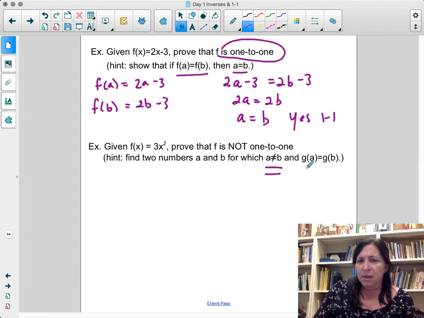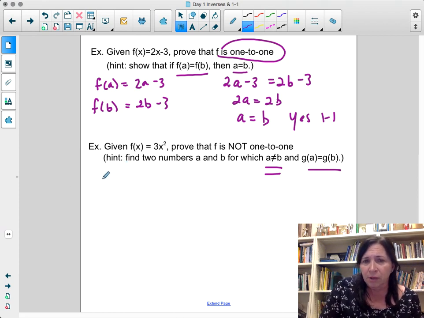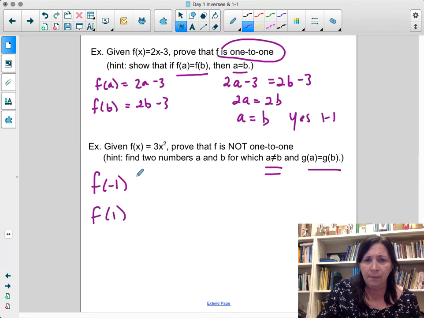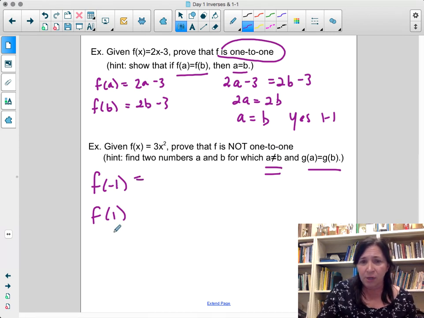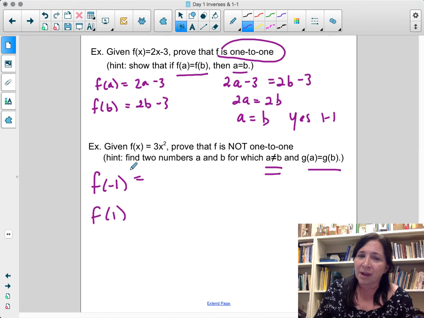So for me to prove that something is not one-to-one, remember, finding two numbers, a cannot equal b, therefore g of a equals g of b. If I prove that they're not one-to-one, then they would be the same value. So what we would do is we would plug in, let's say, a number such as -1 and 1. See, A does not equal B. They're not the same. I have a -1 and a 1. And by the way, you can only prove that it's not one-to-one this way if they're quadratics.